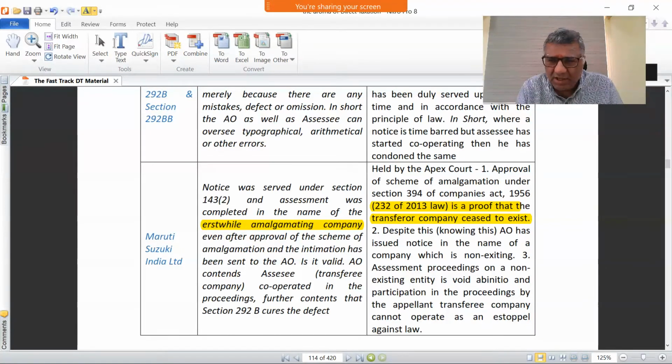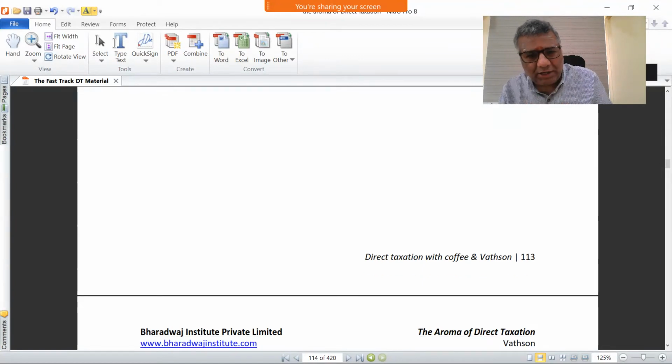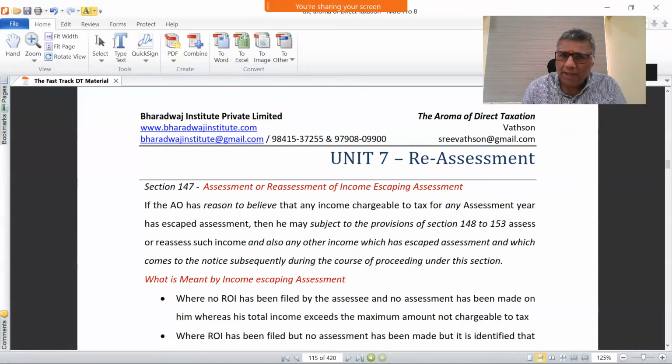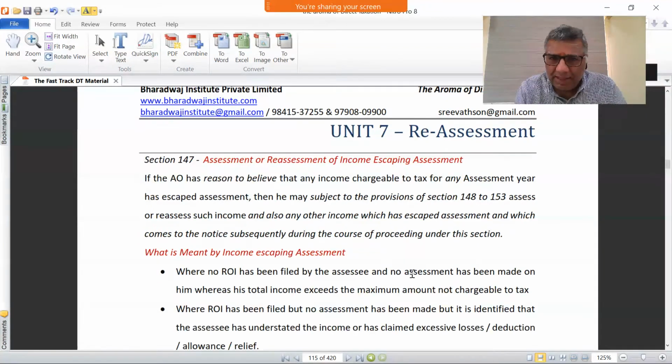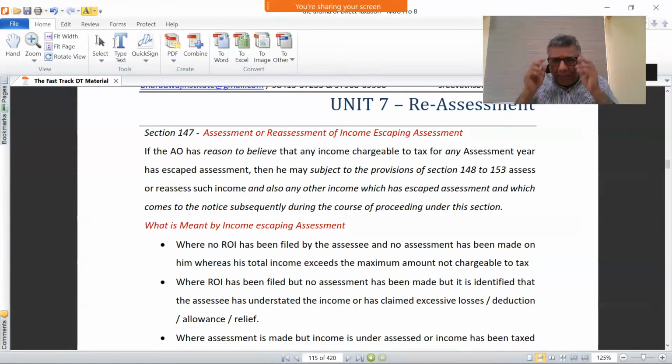But I am crossing 143, 144 and going up to 147. 145 is the method of accounting, which ICDS has now replaced. So the next process is popularly known as reassessment. First, listen.